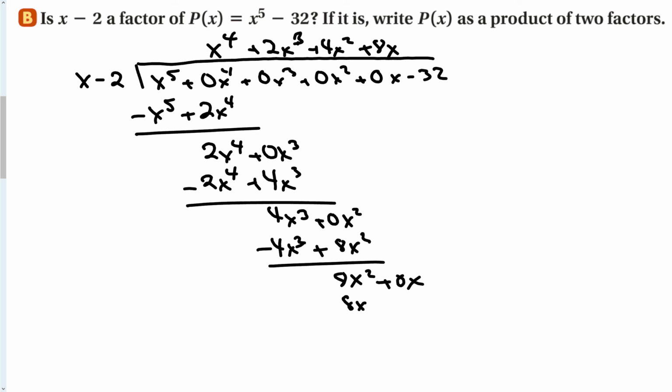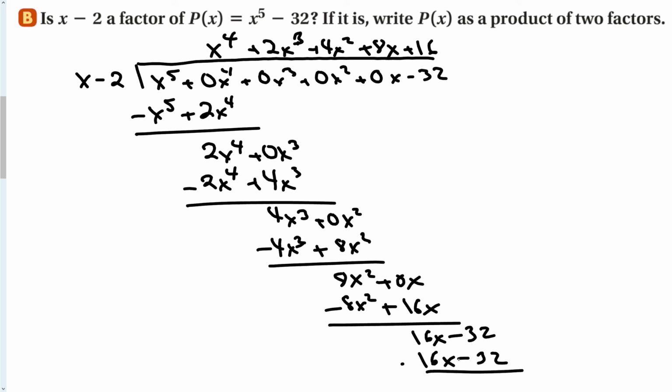Multiply. 16x. Subtract. Almost done. Bring down the 32. And now multiply and subtract gives us 0. So it is a factor. Okay.